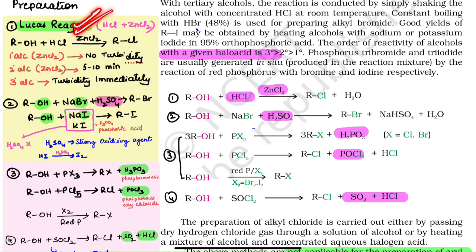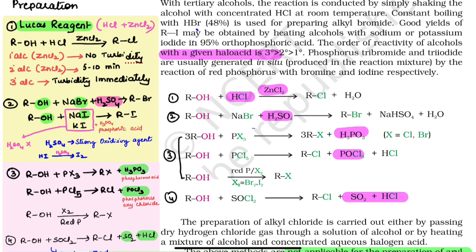This Lucas reagent is used to distinguish between primary, secondary and tertiary alcohol. If it is tertiary alcohol, turbidity will appear immediately or instantaneously. Meaning, as soon as you add this Lucas reagent, a white colour precipitate will appear, which is called turbidity. Whereas for secondary alcohol, it will take 5 to 10 minutes for that turbidity to appear.